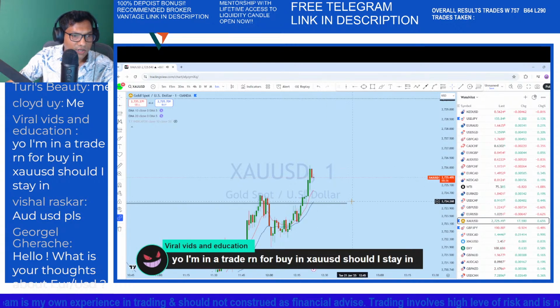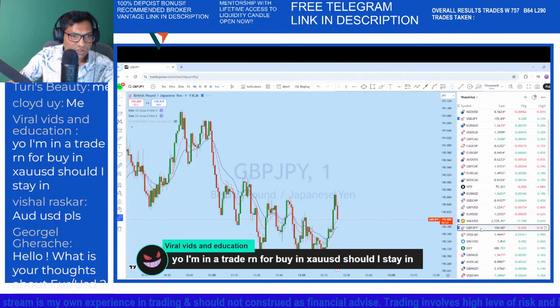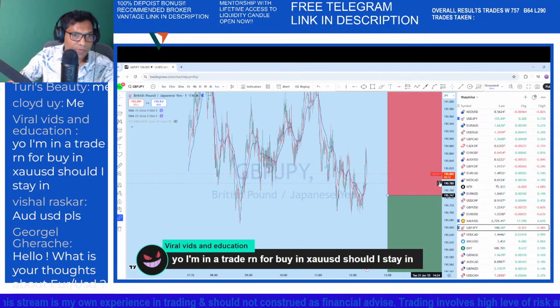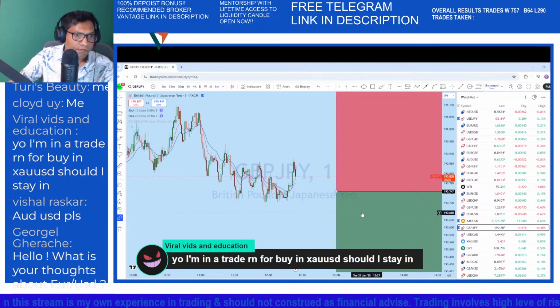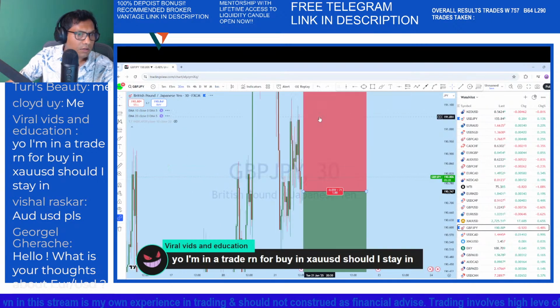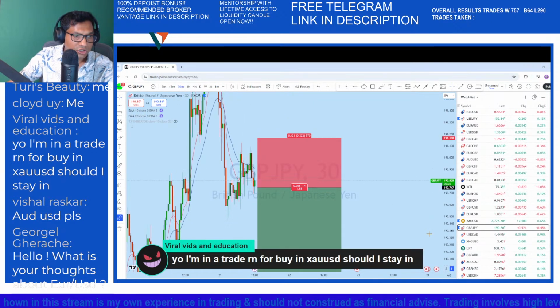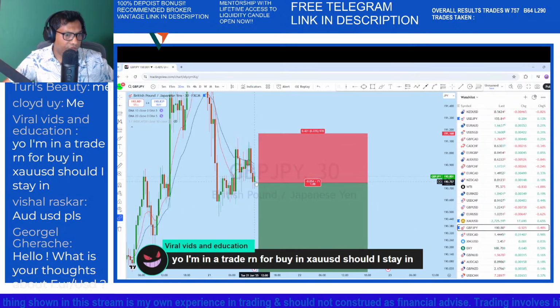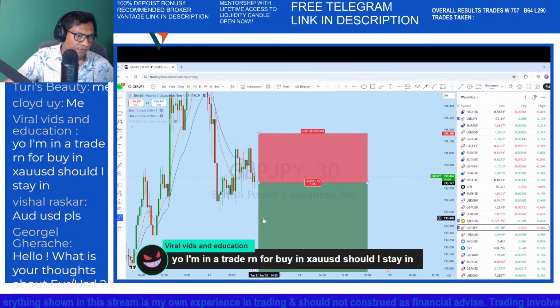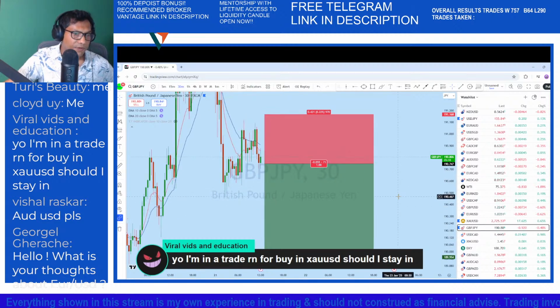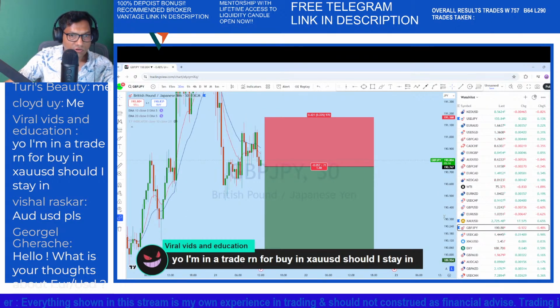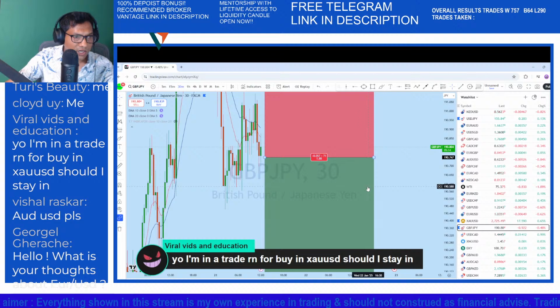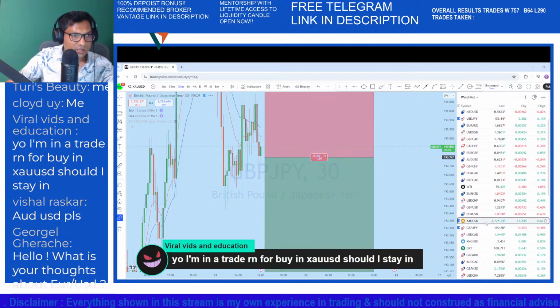This one we will be waiting for a range. On GJ, we can see again a rejection from the top. On GBPJPY, if the 30 minute candle closes as a bearish candle, we can expect a potential trend continuation to the downside. We'll be waiting to see how it goes.